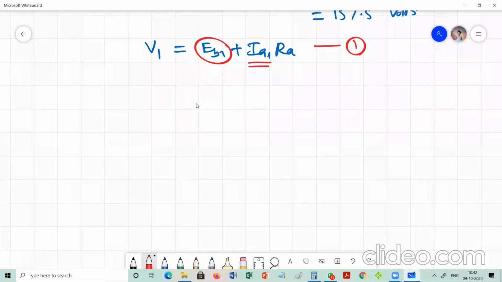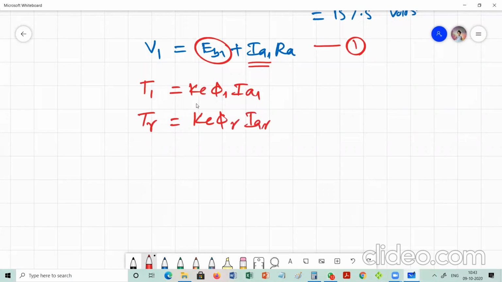Obviously the IA1 term comes in the other equation, of torque. T1 is equal to KE phi 1 IA1. In this equation IA1 is present. Similarly, TR is equal to KE phi R IAR.